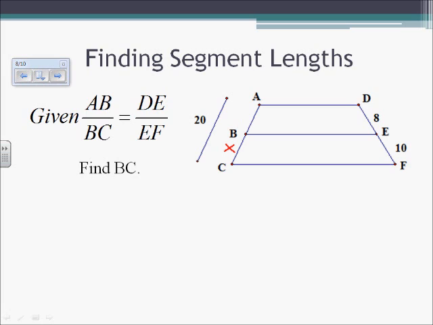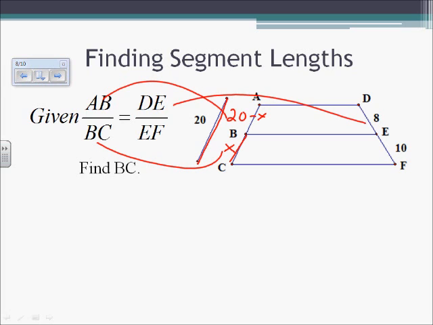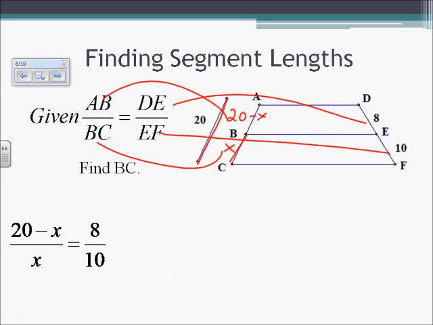If BC is x, and I need to find AB, or have an expression written in terms of the whole statement with AB, I would know that if AC is 20 and BC is x, then AB has to be 20 minus whatever x is. Once I have that statement, then I can just plug in my values here. I have 20 minus x for AB, x for BC, DE is 8, and EF is 10. So my proportion looks like this. 20 minus x over x is equal to 8 over 10.